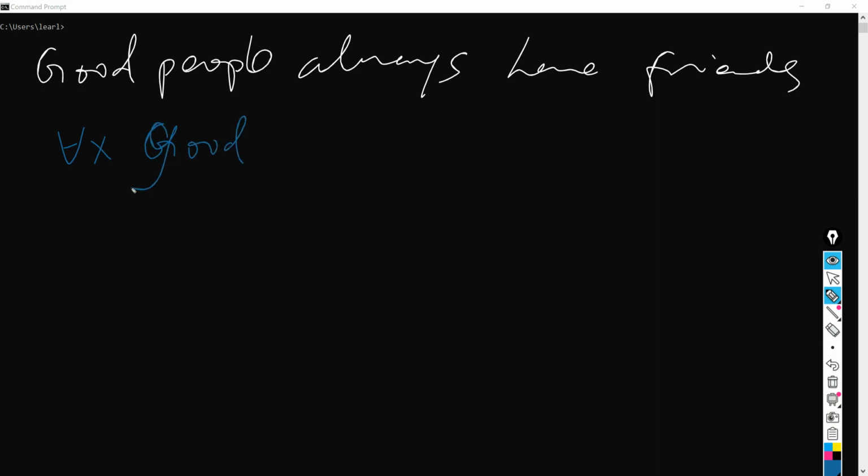Remember, even though we have the for-all sign here, if both of them are before a kind of verb that is have here, then here we use and. And then we're going to use this if-then sign.